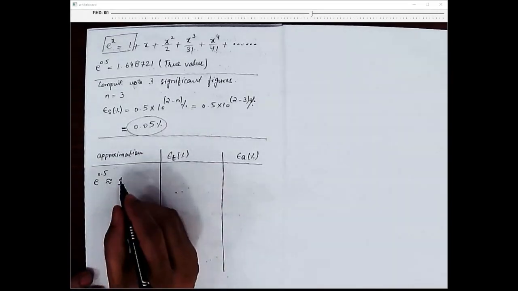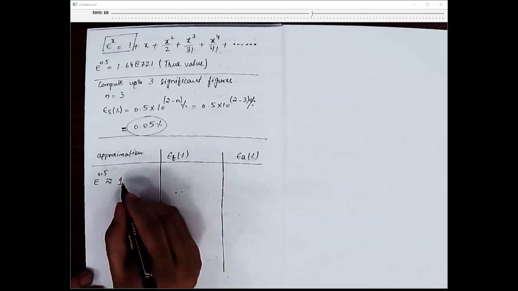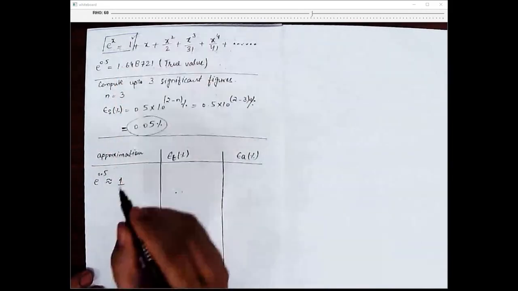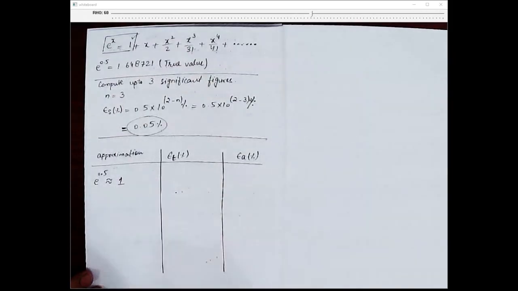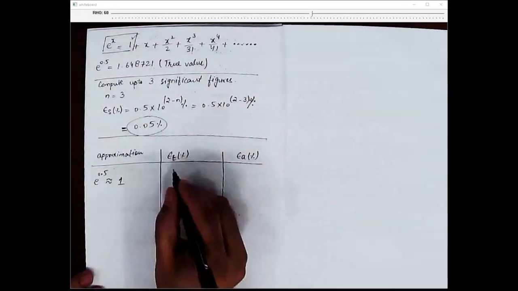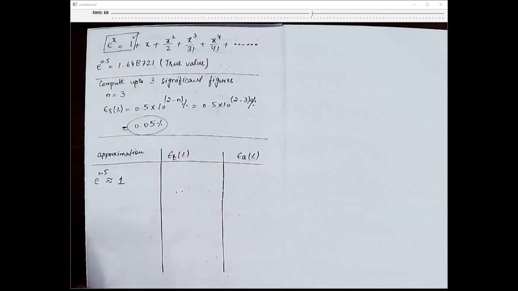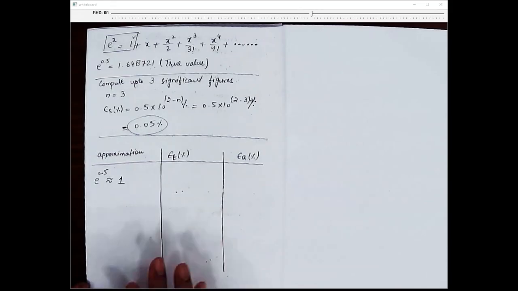So let us compute. Now we have the approximation for our first approximation based on this series, which is only term number 1 of this series. E raised to 0.5 is 1. I want to compute this true error. Now I have to look at the formula and see what values are given, and based on the formula, I should ask myself, can I compute this number right now or not?